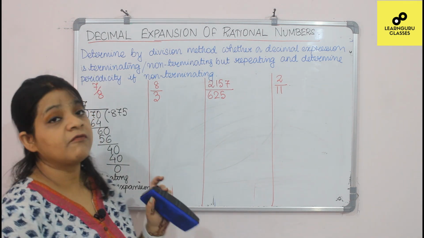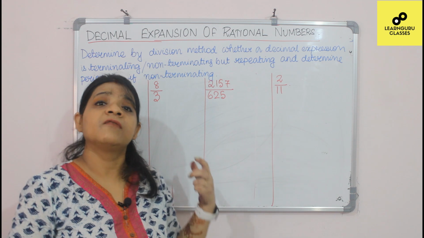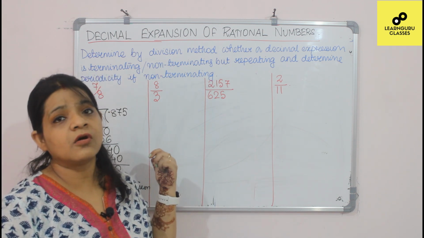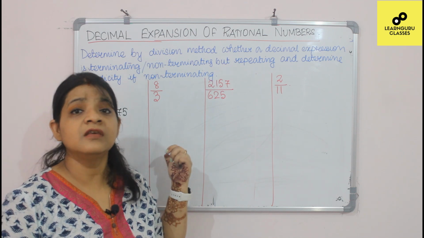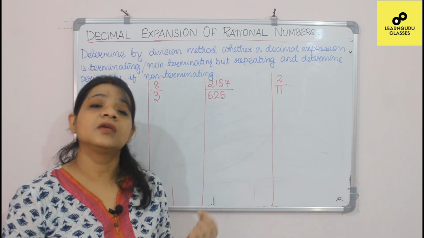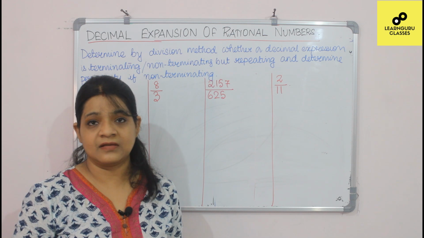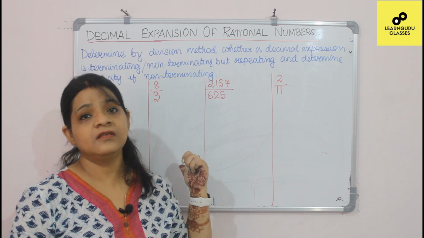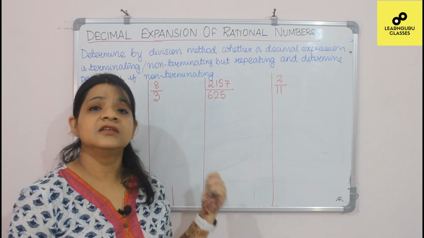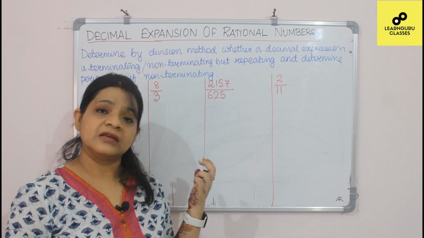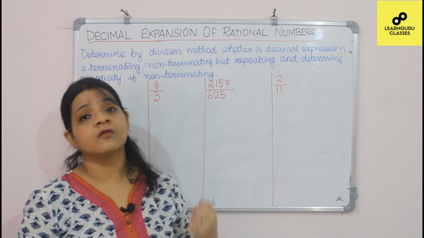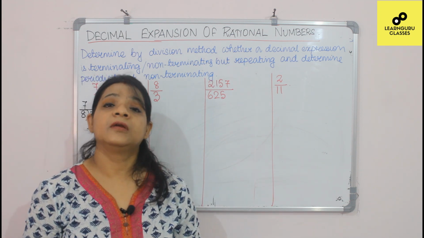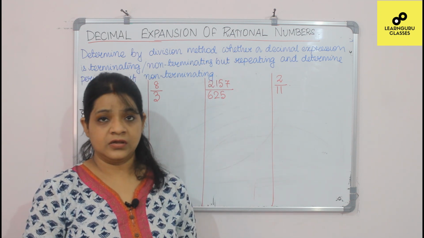Here we don't need to find the periodicity, but if anybody asks, since no digits are repeated, the periodicity is 0. Some tricky question might be asked in the exam. So the periodicity is 0 since it is a terminating decimal expansion and the remainder is 0.